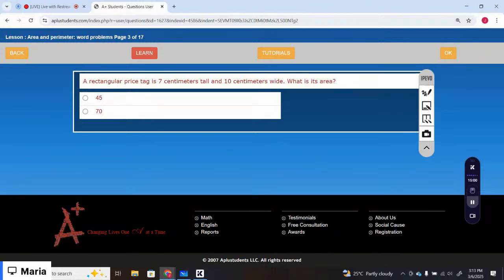A rectangular price tag is 7 centimeters tall and 10 centimeters wide. What is its area? Which is the correct option?